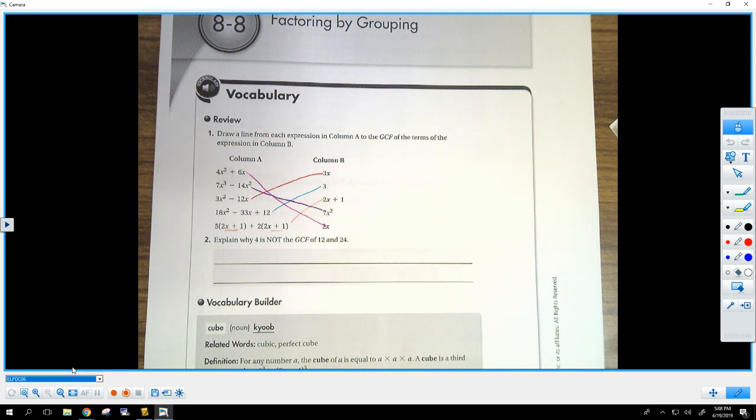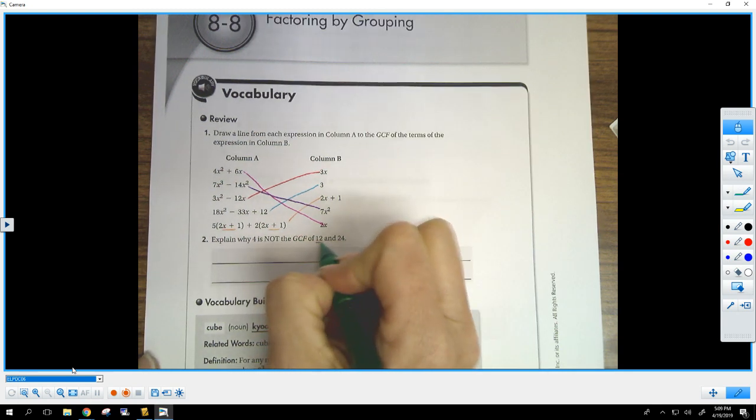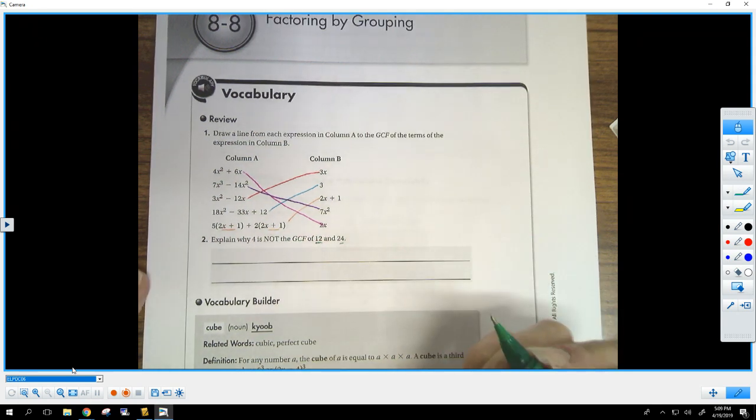All right, so moving on. Why is 4 not the GCF of 12 and 24? Okay, so it's asking us why 4 is not the greatest. Well, 12 is a factor of 24.